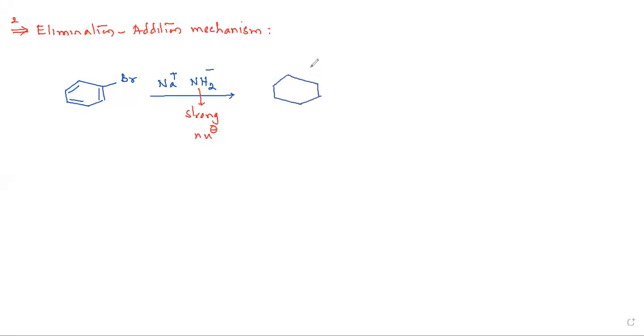we get two products. This one and this one. Very interesting. See, the first one is formed when the substitution has taken place at the carbon to which the halogen atom is attached or the leaving group is attached.